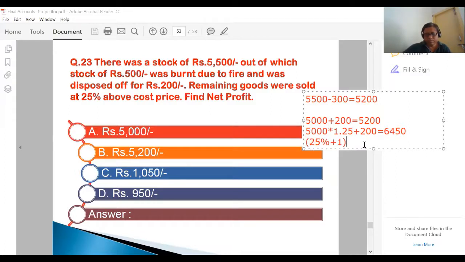Cost price 100 plus 25% profit. So your remaining goods were sold at 25% on cost. So you have sold worth how much? 6,250.